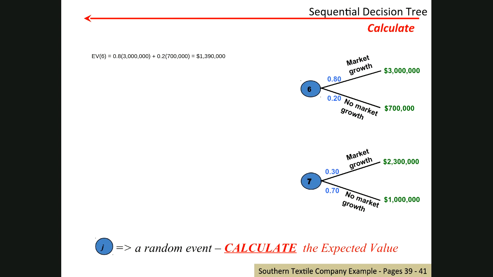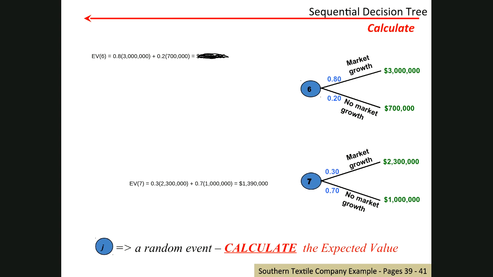And in this case, that's not correct. Hopefully you've caught this. This value is in fact $2,540,000. Okay, and that's EV for 6, the expected value, location 6.